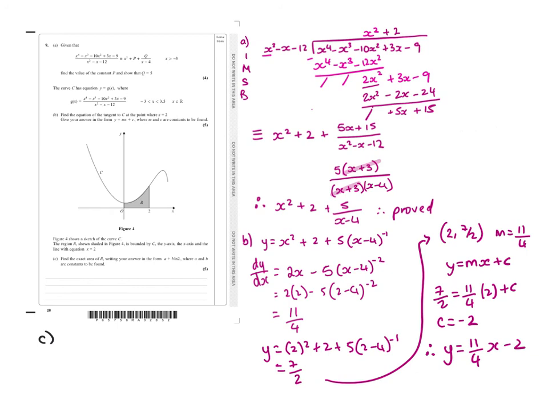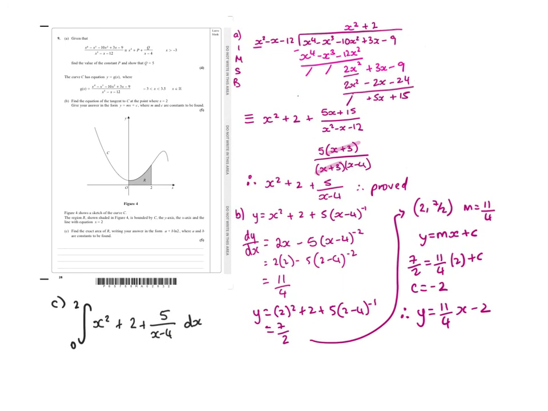Okay, so to find the area bounded by the curve, I need to integrate between 2 and 0 our equation y, which is x squared plus 2 plus 5 over x minus 4, with respect to x. So here we go.